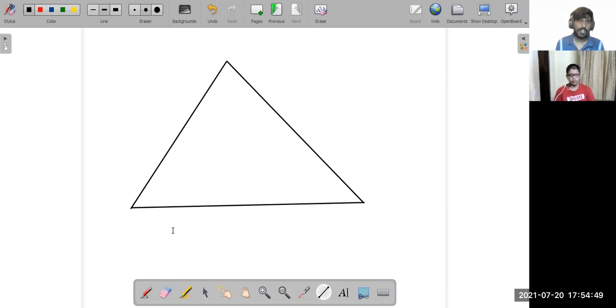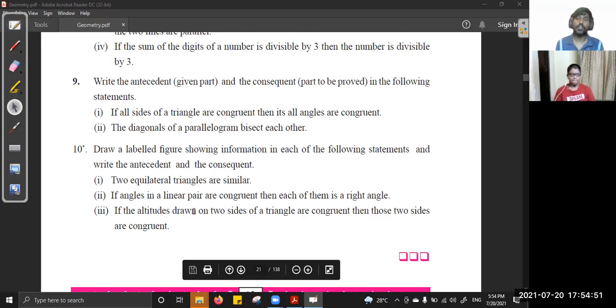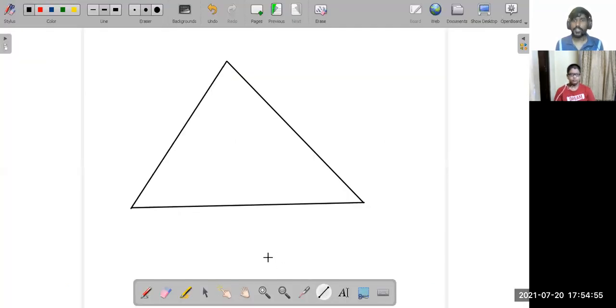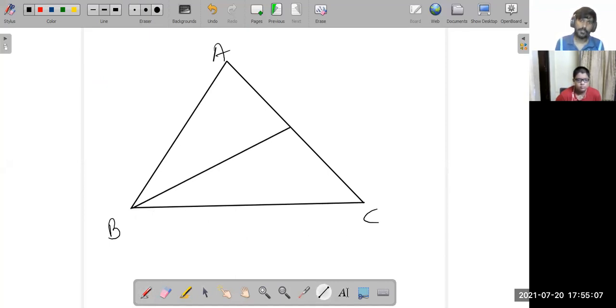So in this question, they're saying the altitude is drawn on two sides of a triangle. So we'll draw altitudes from two vertices. I'll write A, B, C. I'll draw an altitude first from the vertex B to AC. Note one thing, altitudes are perpendicular.